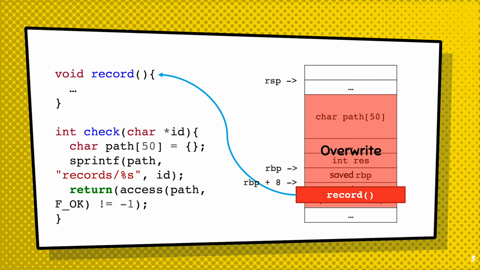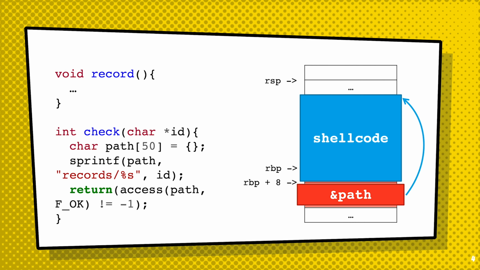One way to look at that is to use a thing called shellcode. In this case, instead of rewriting the saved return address to a function pointer, we're going to rewrite the value with the address of a buffer that stores the shellcode.